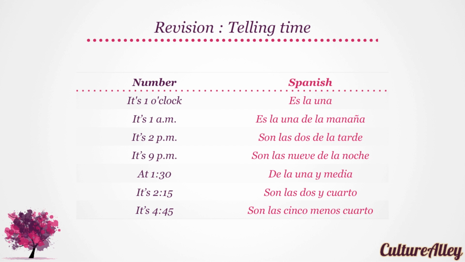Let's go through what we have seen so far. It's 1 o'clock translates to es la 1. It's 1 a.m. becomes es la 1 de la mañana. It's 2 p.m. will become son las 2 de la tarde. It's 9 p.m. is translated as son las 9 de la noche.